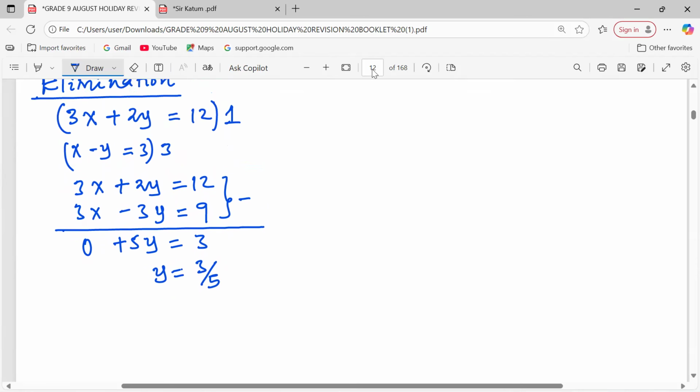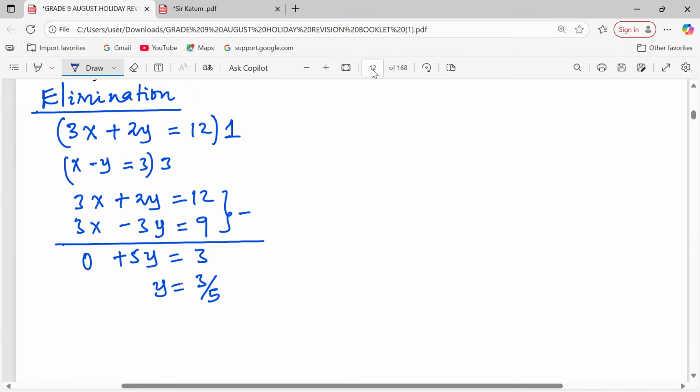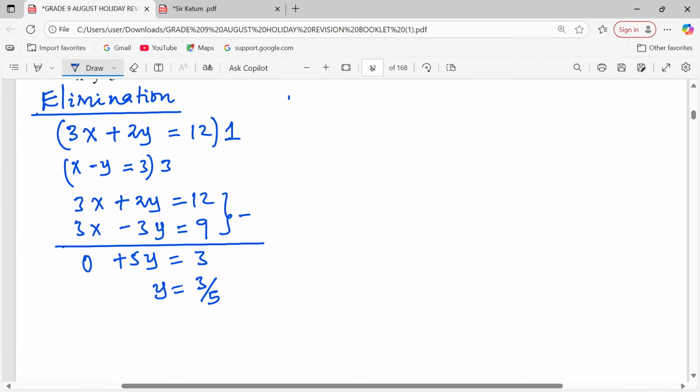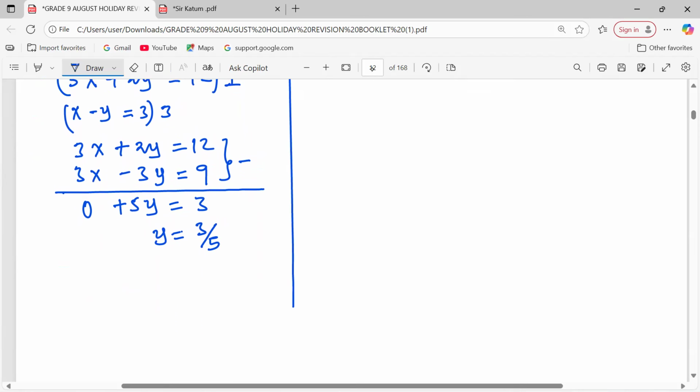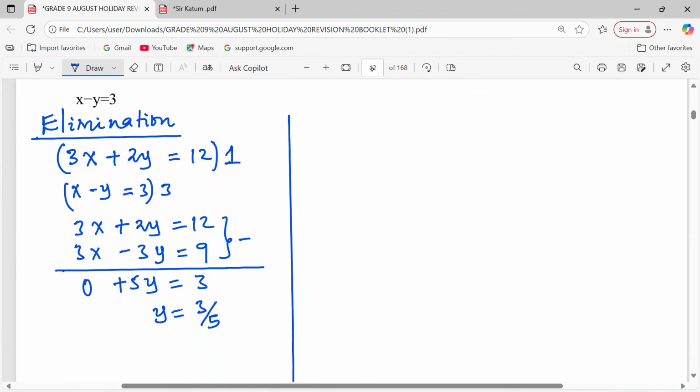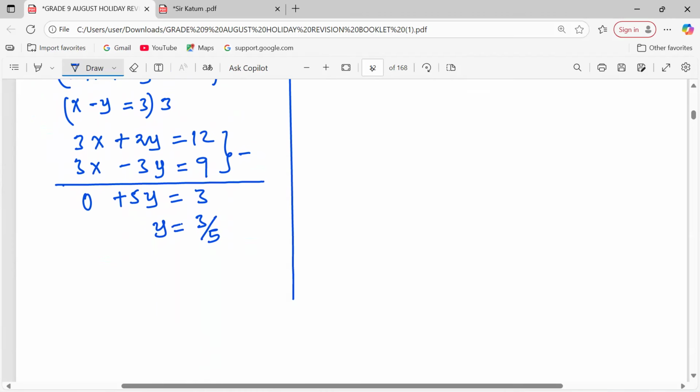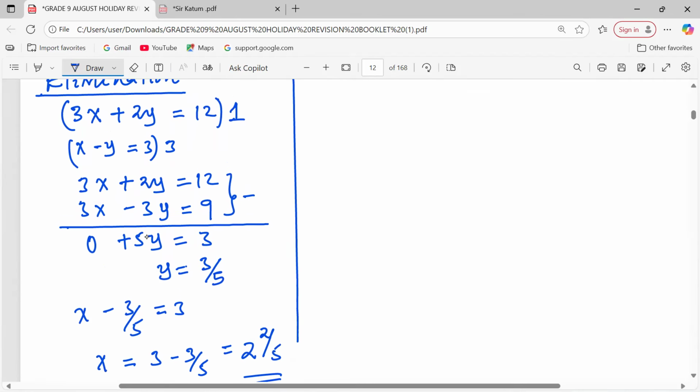Then we can find x from any of the equations, after substituting the known value of y. So to equation 2, x minus the value of y equals 3. And how shall we remain with x? By taking 3 plus 3 over 5, giving us 3 and 3 over 5. So we have x and we have y.